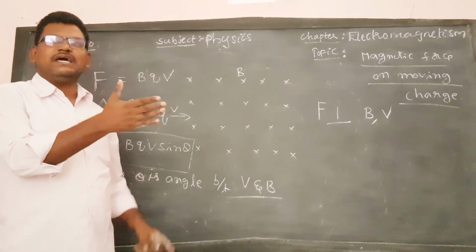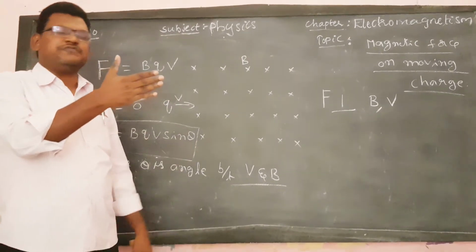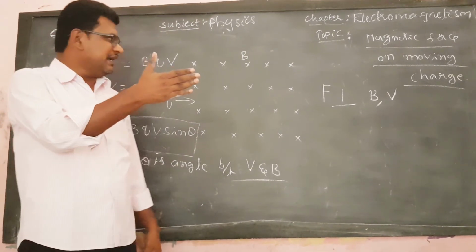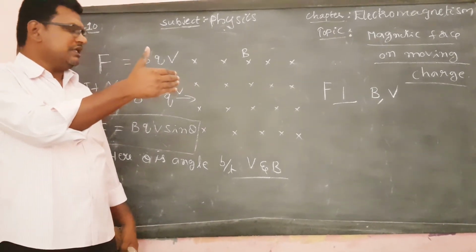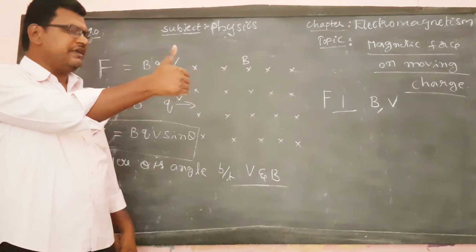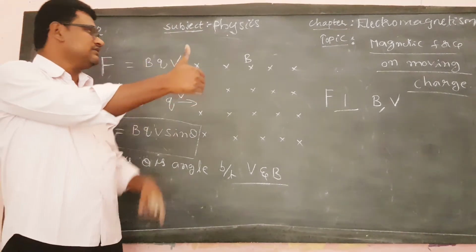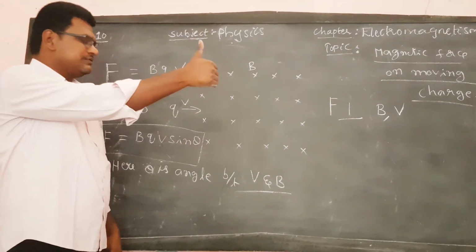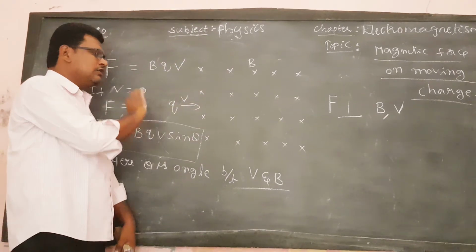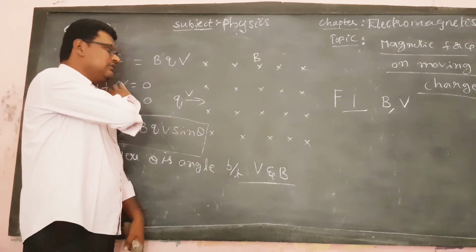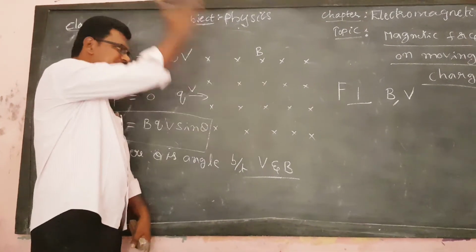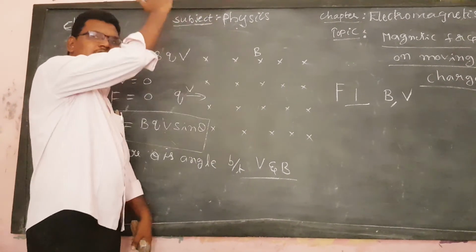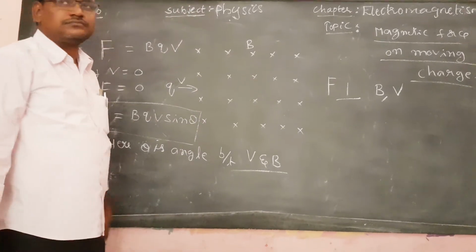To know the direction, we take the fingers of our right hand in the direction of velocity. After that, we curl them in the direction of the magnetic field. Then the thumb represents the direction of the magnetic force. Suppose here, if we project a charged particle from left to right horizontally, then it experiences the magnetic force in the upward direction.